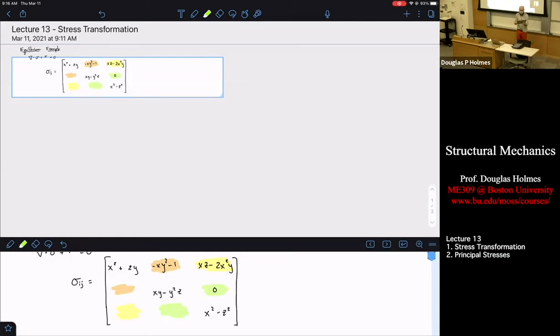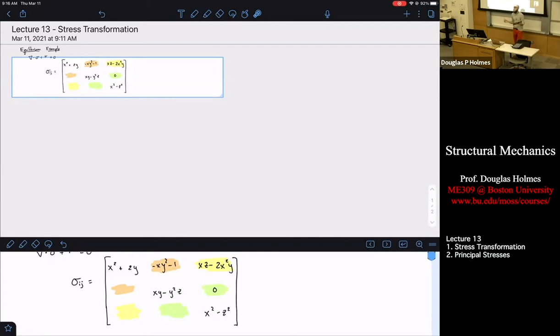And that's all this is telling you. If you walk in the x direction, that stress is going to vary with x squared. And if you have any changes in y linearly, x squared y. So this is a way of saying, as I move through the body, my stress is going to vary in some complex way with these complex functions.